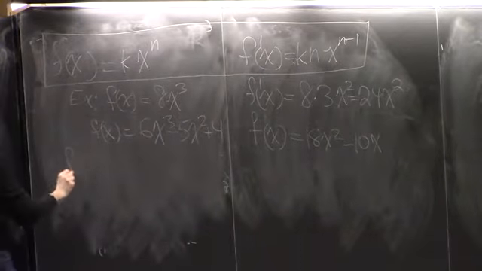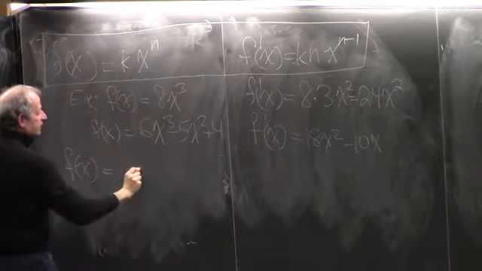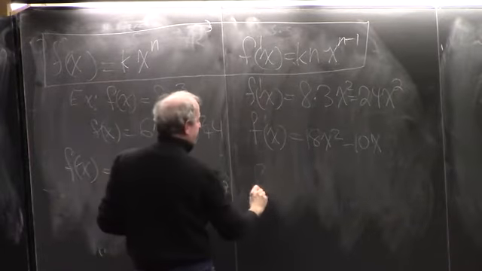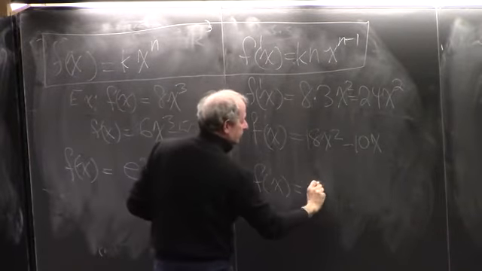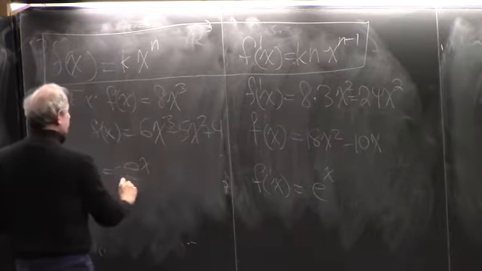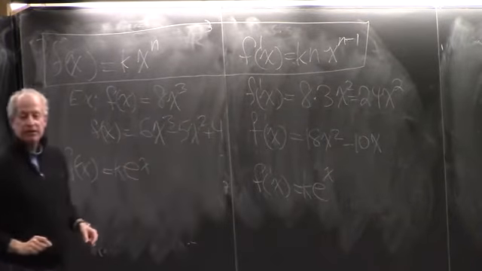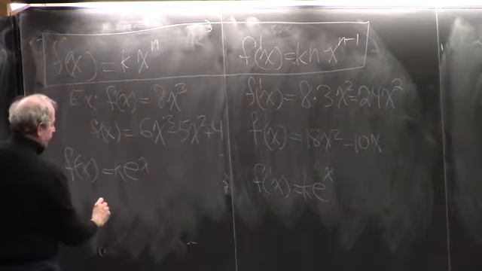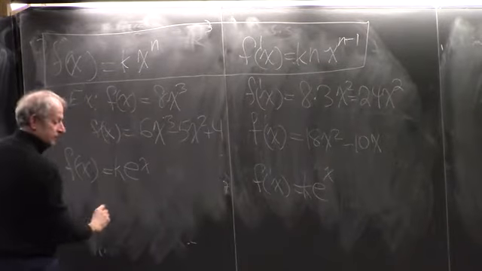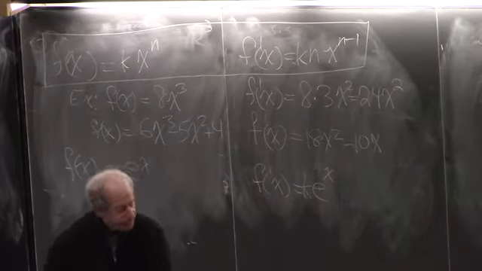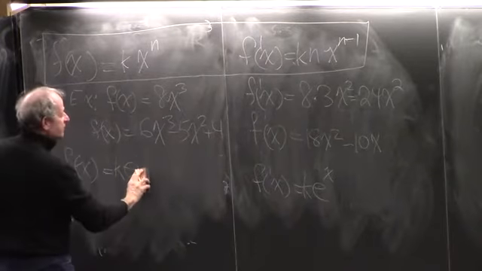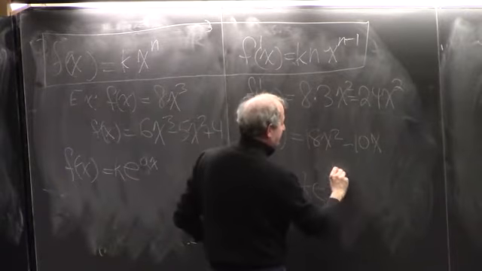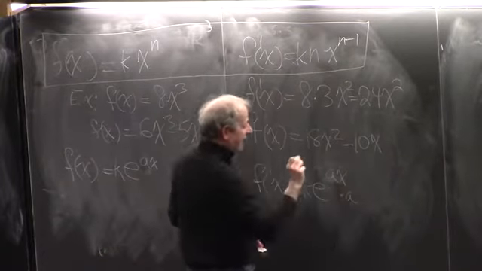Okay. And then, everybody's favorite derivative, e to the x. Derivative of e to the x is e to the x. Awesome. If you have a constant, it just stays in front. Okay? And then you have the chain rule. So if this is e to the ax, then you can multiply by the derivative of ax times a.